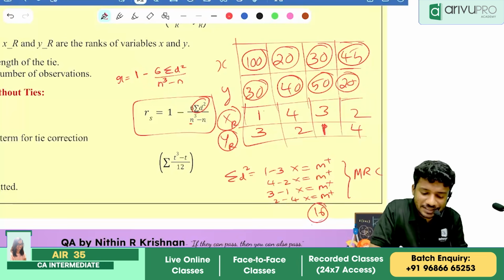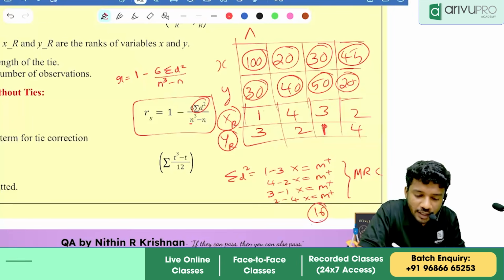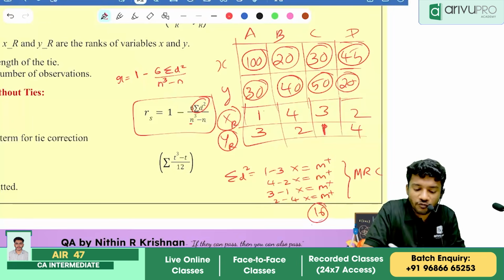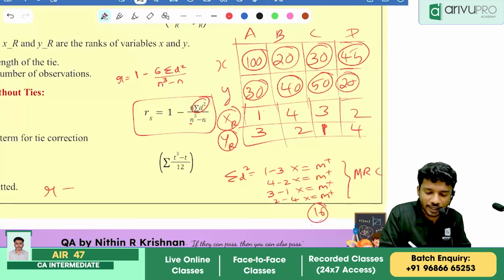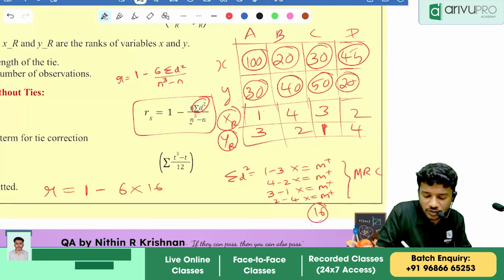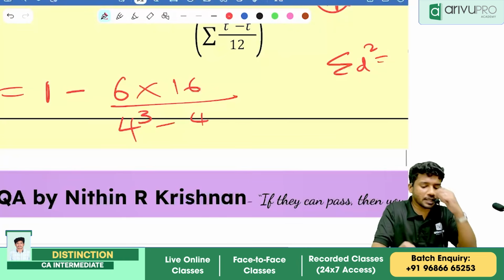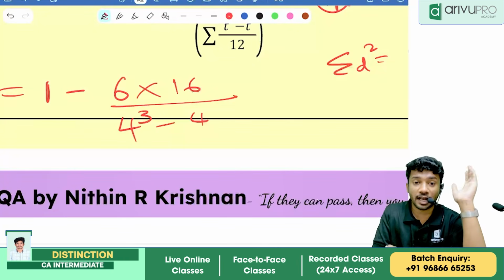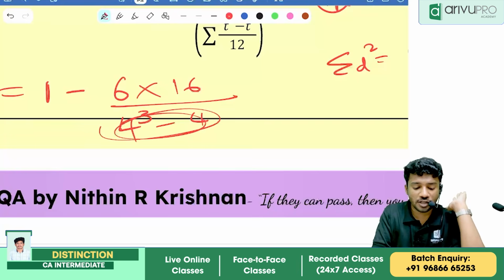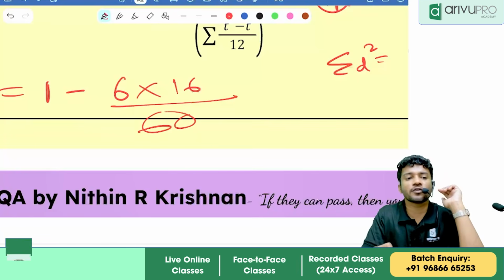Now people, what is this n? How many subjects are there? A, B, C, D. 4 subjects are there. So find me the value. R is equal to 1 minus 6 into sigma d square divided by 4 cube minus 4. 4 cube minus 4 is how much? 64 minus 4 is 60.